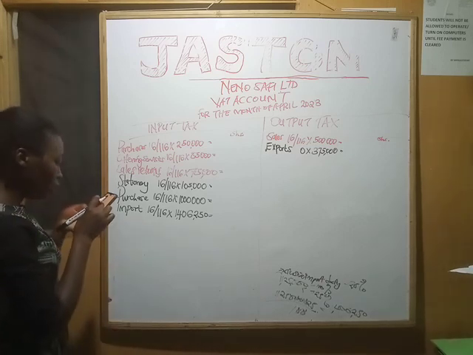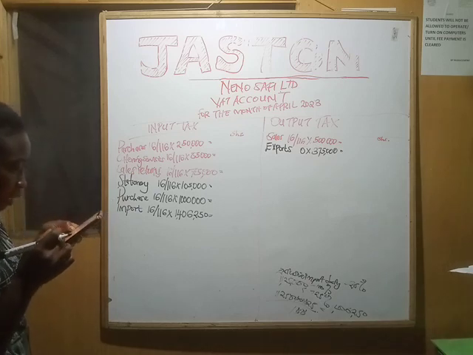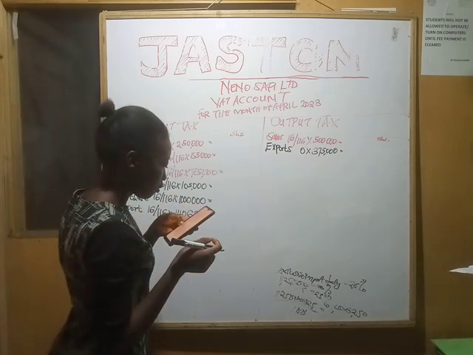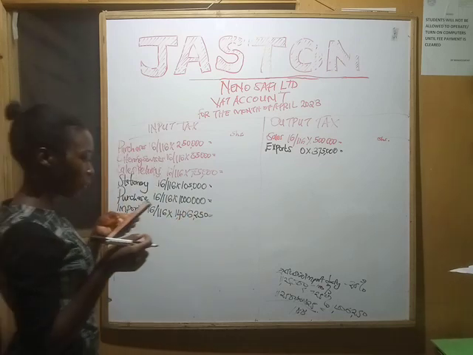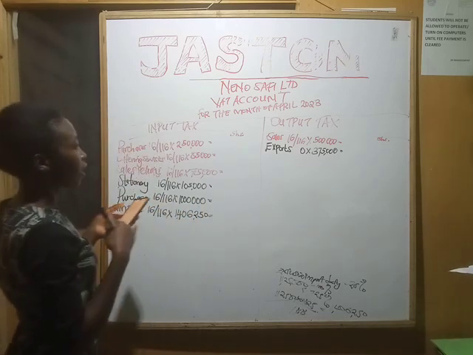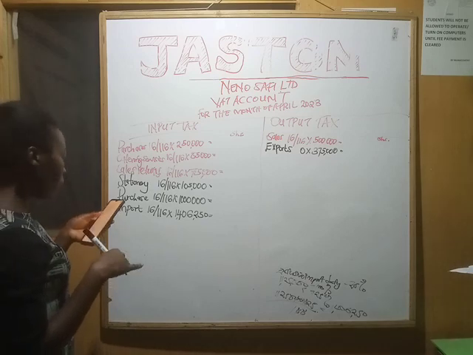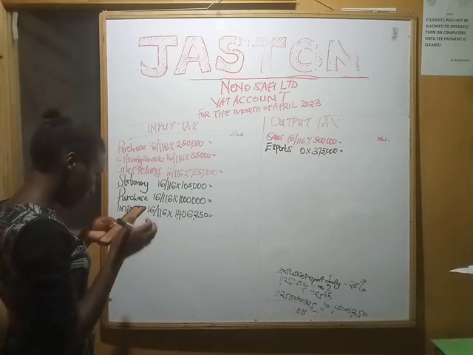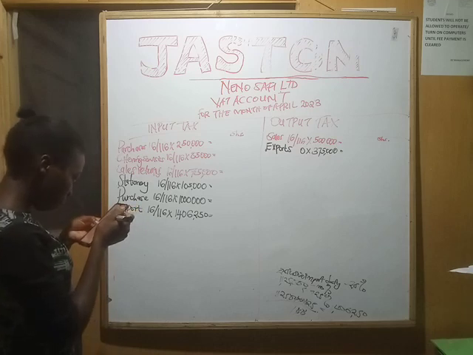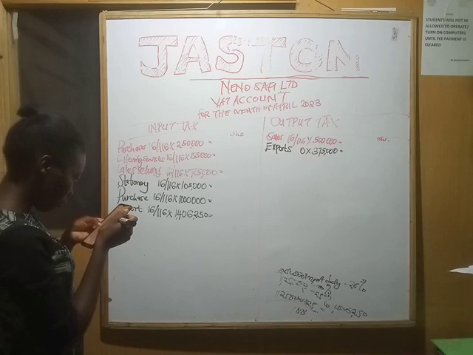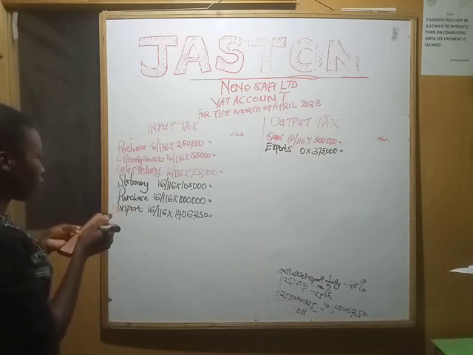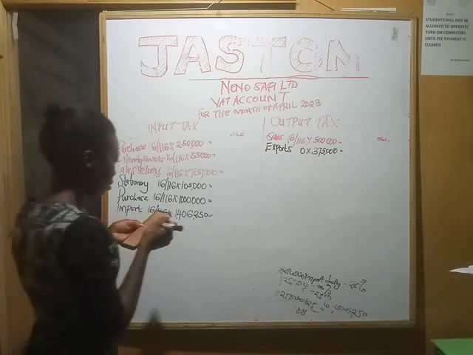Let's continue. We have our next step. Received debit note of 60,000 from Upendo. So we received a debit note from Upendo, and Upendo is our supplier. So he gave us a debit note.